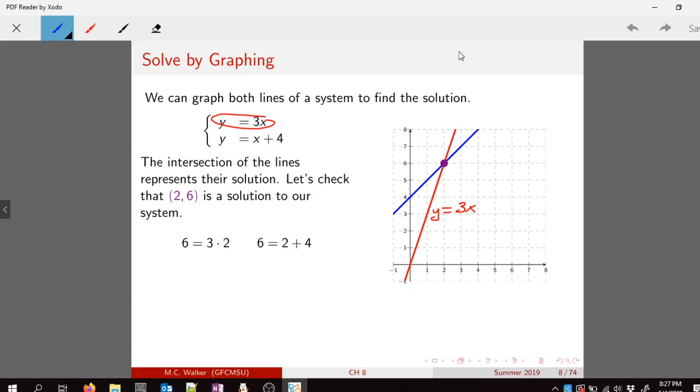That gets us this blue line. And we see where they intersect, and that's right here, which is (2, 6). So (2, 6) represents our solution, and we always want to be sure to check it: that 6 is equal to 3 times 2, and that 6 is equal to 2 plus 4. Both of these are true, so this is indeed our solution, and we've solved it by graphing.